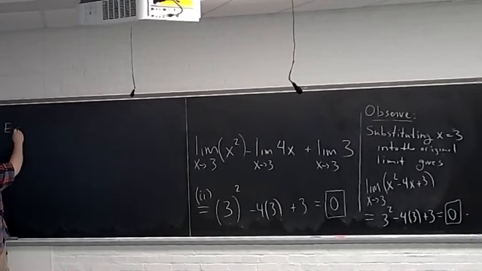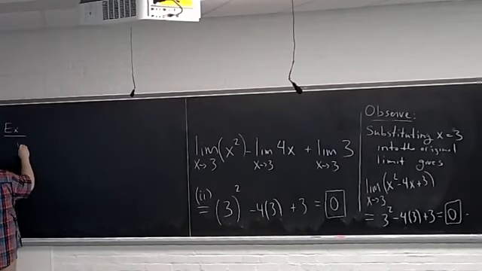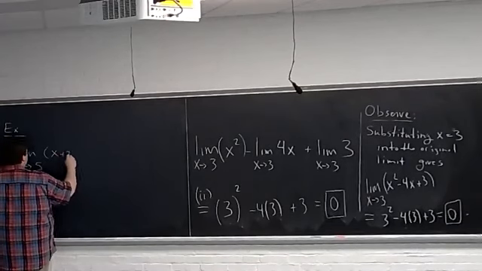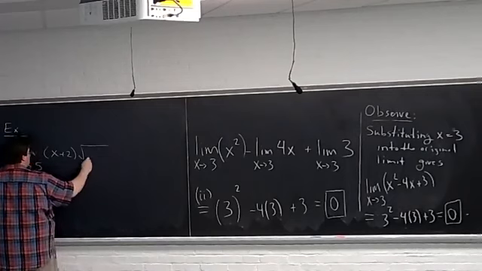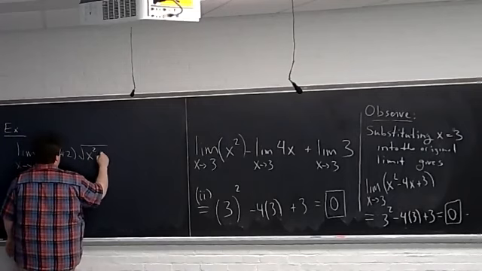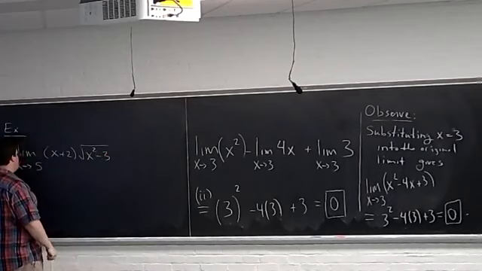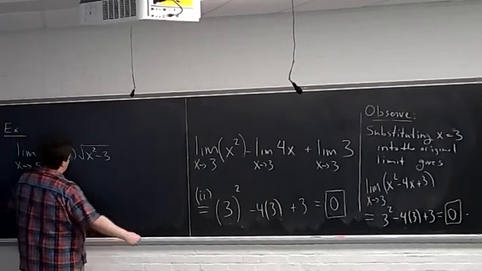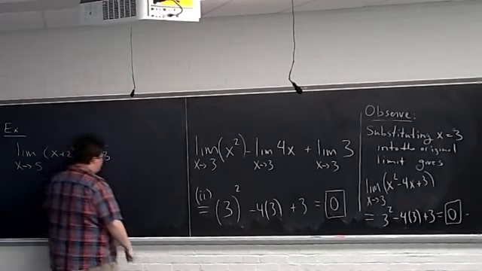Example, find this limit. Limit as x approaches 5 of x plus 2 times the square root of x squared minus 3. Maybe I should make it simplify. Now let's leave it like that, that's fine.